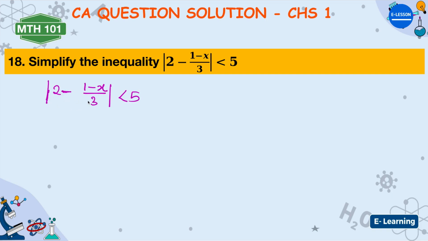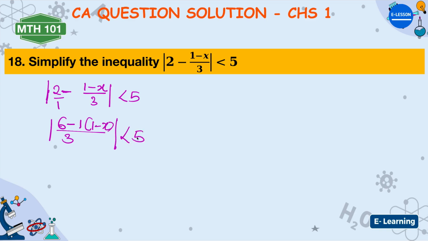Now, my dear student, what is the LCM of 3 and 2? 3 and 1 rather is 3. 3 divided by 1 will give us 3, times 2 will give us 6. Minus 3 divided by 3 will give us 1. So that 1 now will open through this bracket, 1 minus x, bracket close.